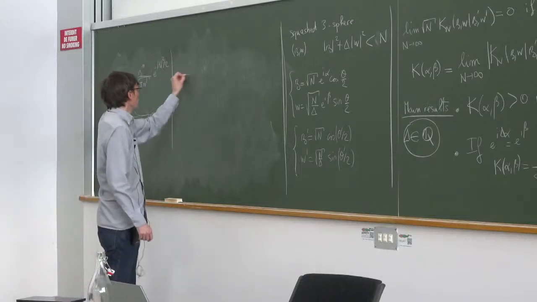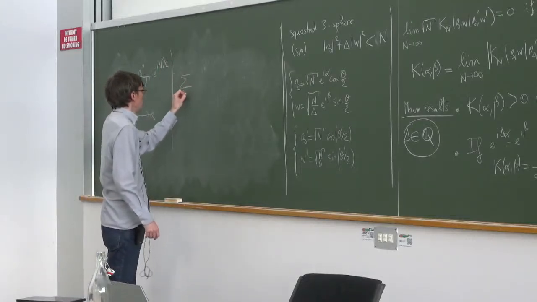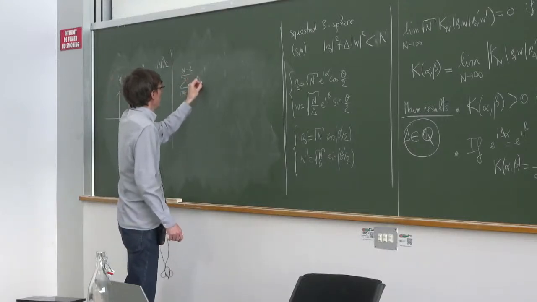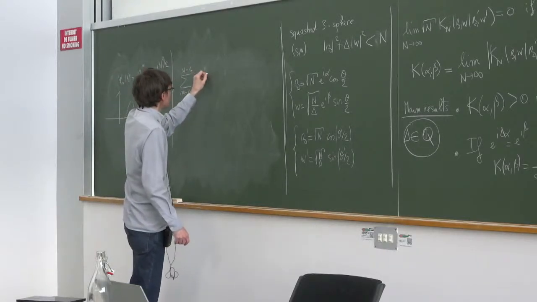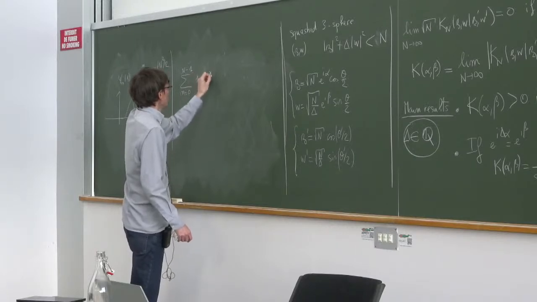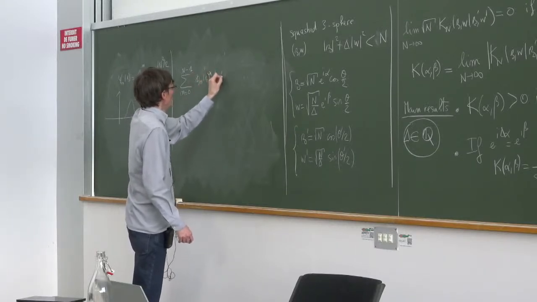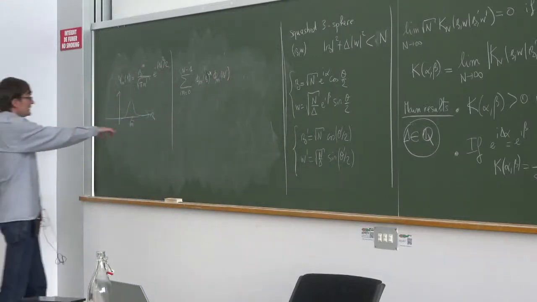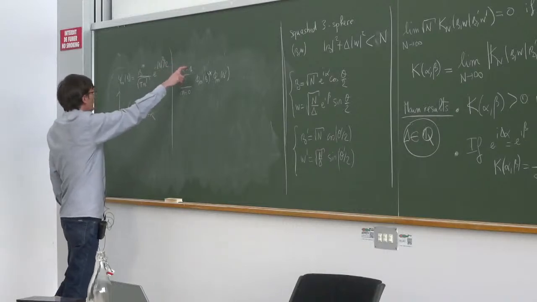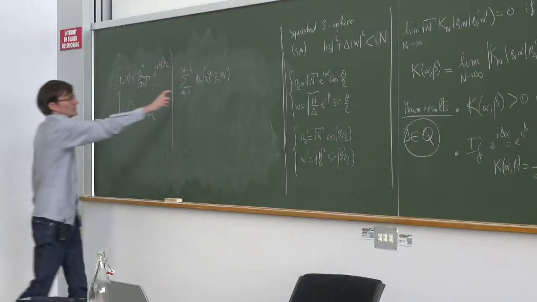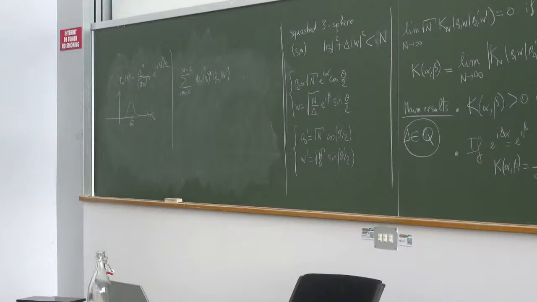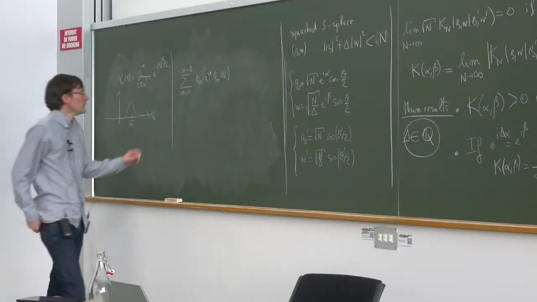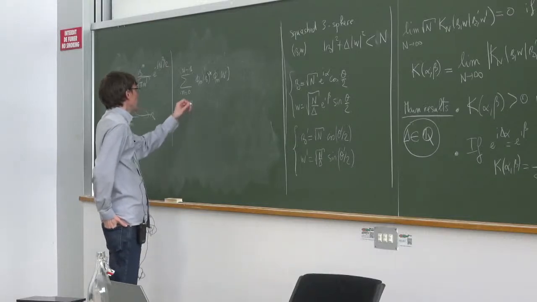So the whole game, since my kernel is of this form, phi m of z star phi m of z prime, you can easily guess that the indices that will contribute to this edge mode will be located very close to n. And so you can rewrite this.